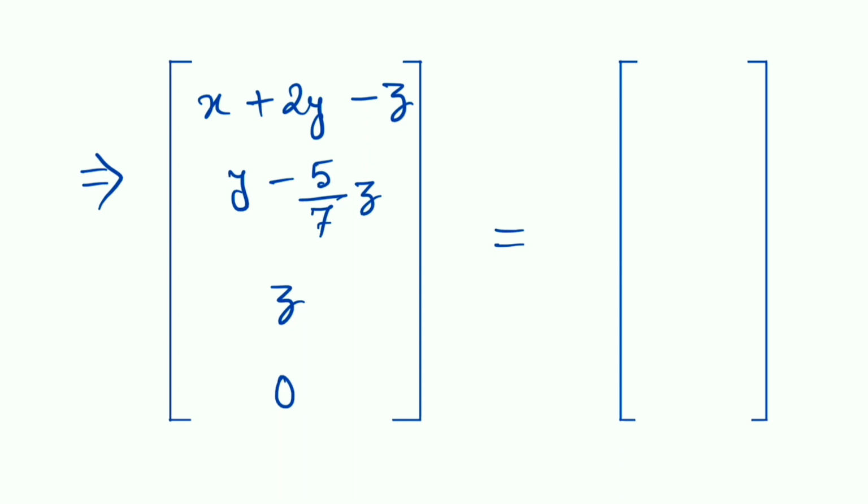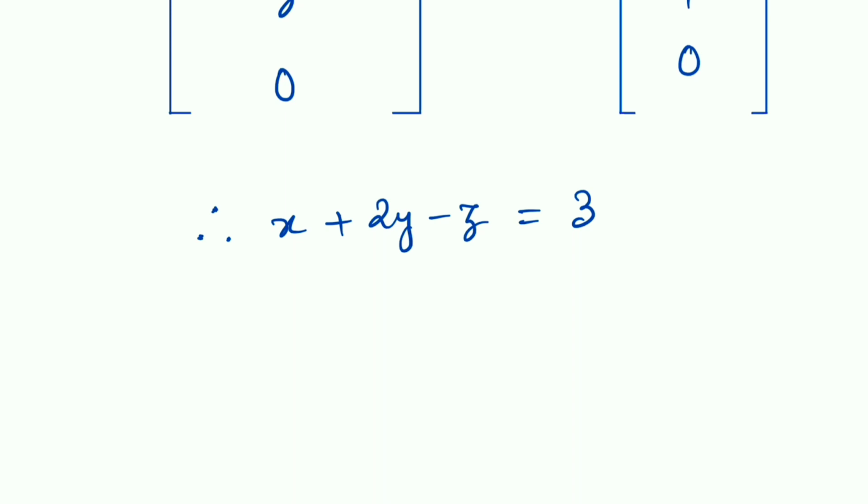Now we will compare both the matrices on the left hand and right hand side and then solve the equations. So here x plus 2y minus z will be equal to 3 by comparison, and then y minus 5 by 7 z will be equal to 8 by 7, and z will be equal to 4.